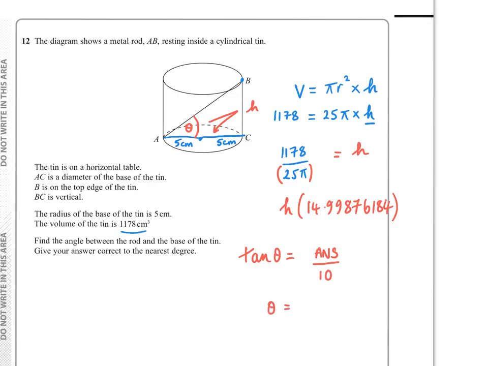So theta, the angle, is going to be arctan or inverse tan of ANS over 10. And don't forget, if you haven't got an ANS button, it's just this number here.